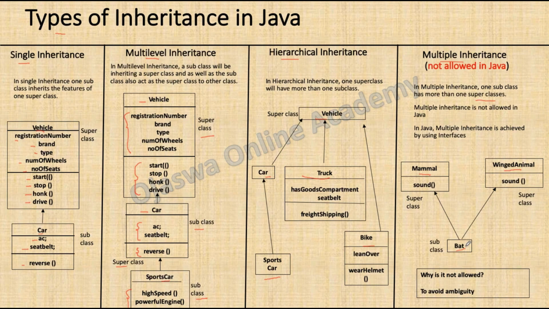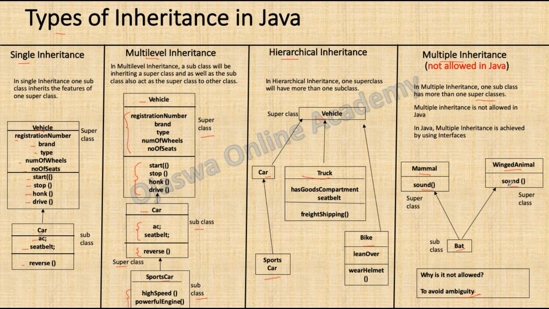Class bat will inherit all the features of mammal as well as winged animal. So why is multiple inheritance not allowed in Java? To avoid ambiguity. For example, mammal has a method sound and winged animal also has a method sound. When a subclass inherits a superclass, it inherits all the instance variables and methods belonging to the superclass.